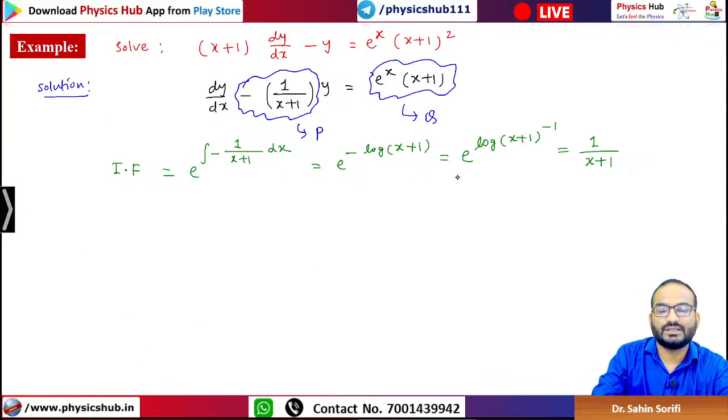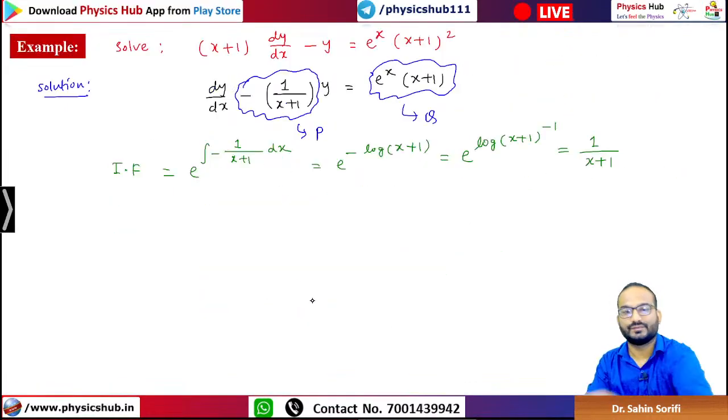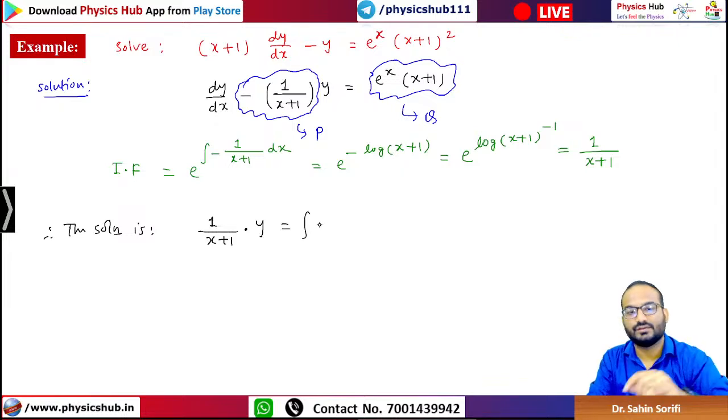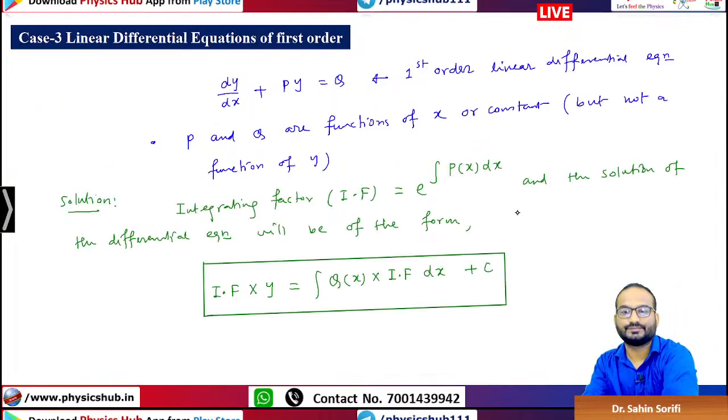So once you get the integrating factor, what is the solution? Integrating factor multiplied by y, that is 1 by x plus 1 times y, equals integration of q of x, so q of x is e to the power x times x plus 1, into integrating factor 1 by x plus 1 dx, plus c.